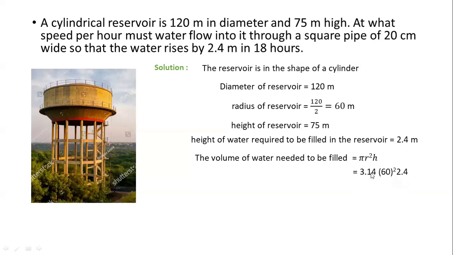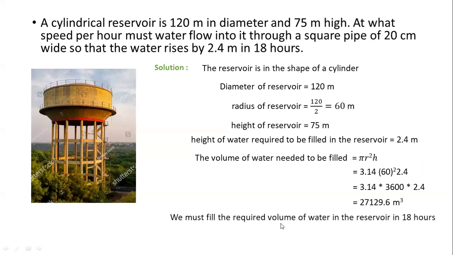Pi is 3.14, r is 60, so 60 square, which is 60 into 60, into 2.4. That is 3.14 into 3600 into 2.4. If you multiply all this, you get 27,129.6 meter cube. This is the volume of water that must be pumped into the reservoir.